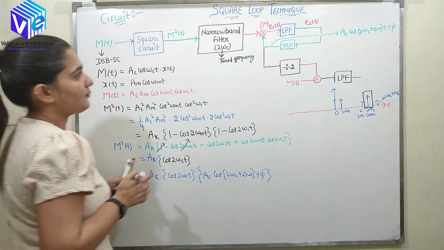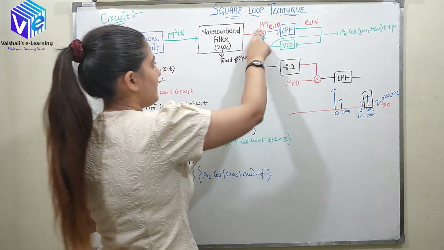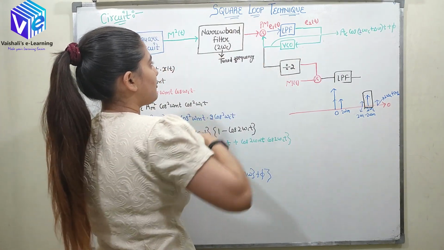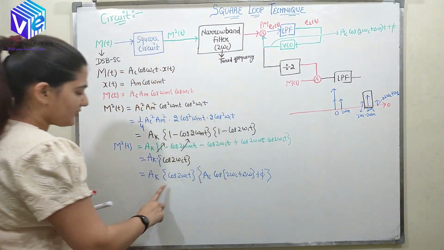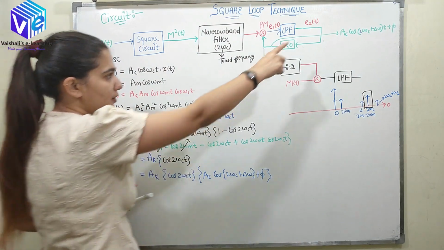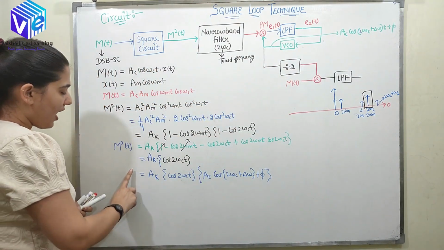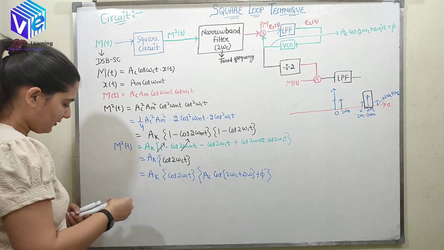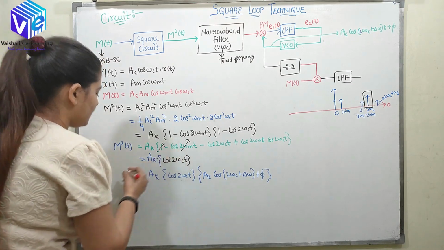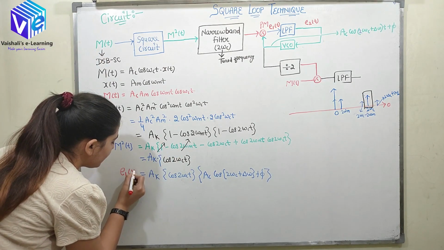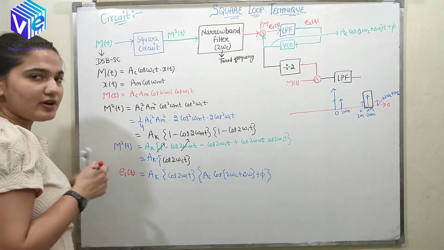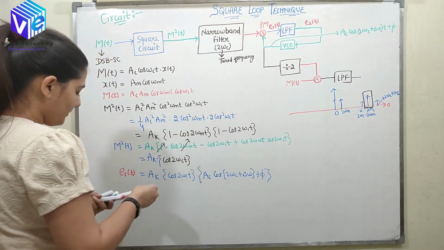Here at the product modulator, this signal and the signal after the narrow band filter are multiplied. After that I'll get E1t. This signal is represented as the error function, so this is my first error function. Let's simplify it.